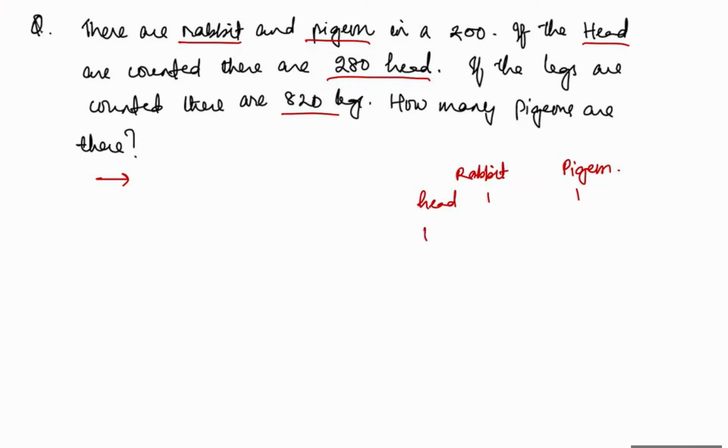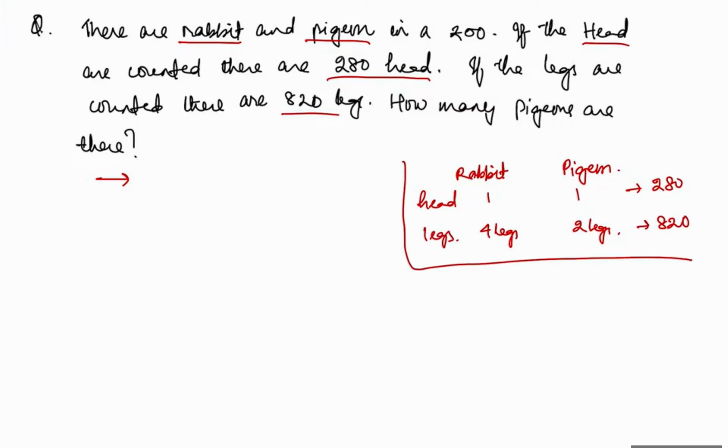Rabbit has 4 legs. Pigeon has 2 legs. How many pigeons are there? Here you count, total is 280. Next you count, total is 820.